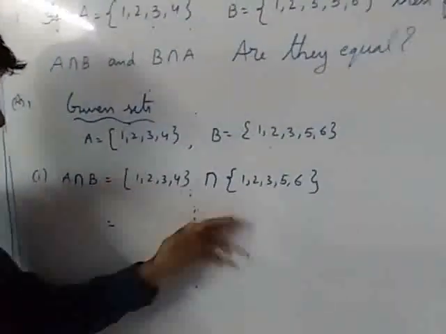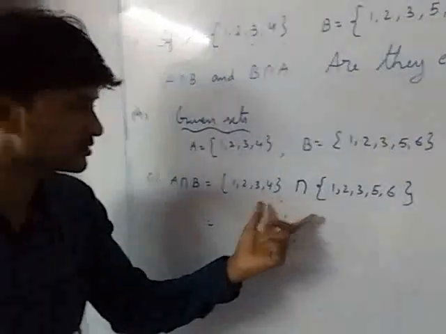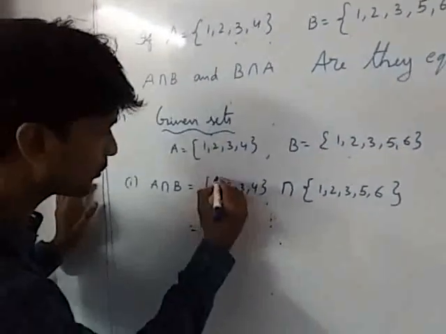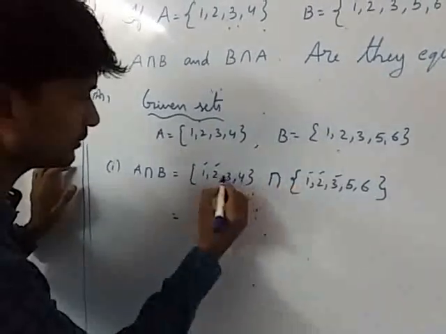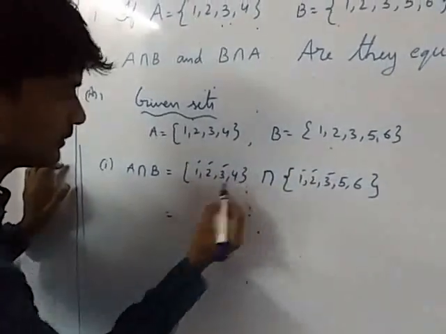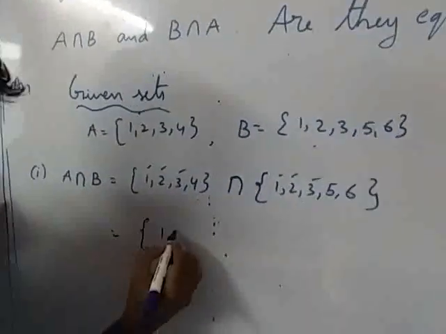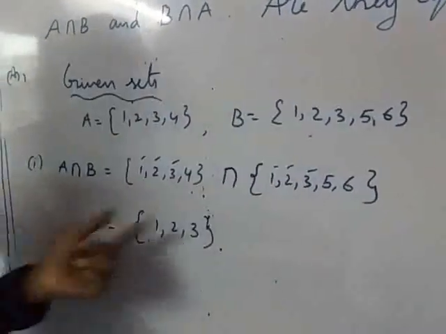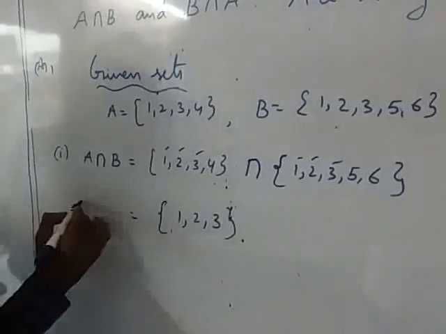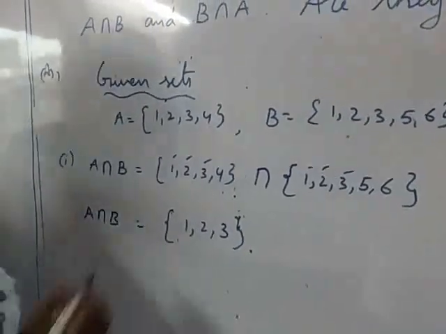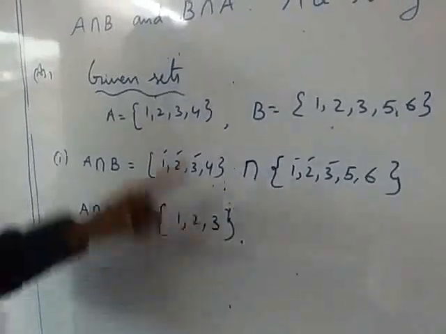Which are the common elements in both sets? Common elements are 1, 2, 3. So A intersection B equal to 1, 2, 3.